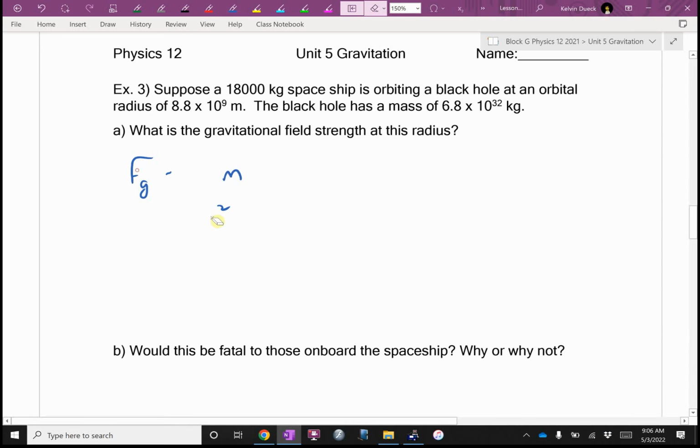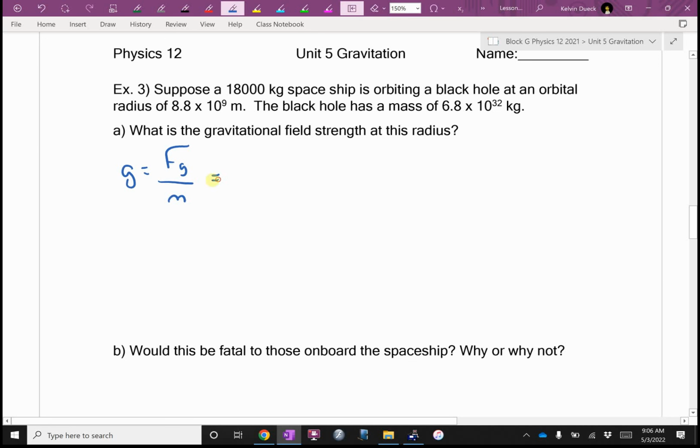Little g. On my formula sheet, I noticed Mr. Dewick gave me this: little g is Fg over m. Well, of course it is, because from Physics 11, it's the obvious one. Get the little g by itself. Oh, but we're cosmic.